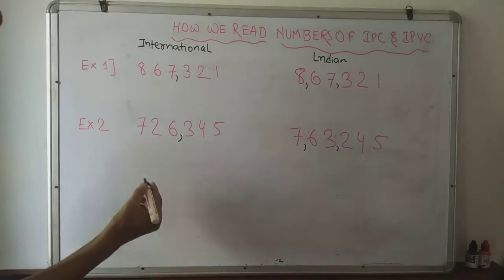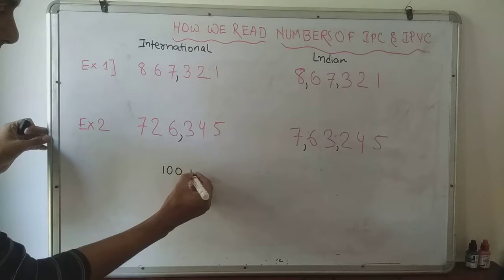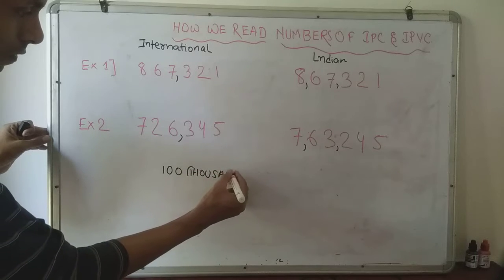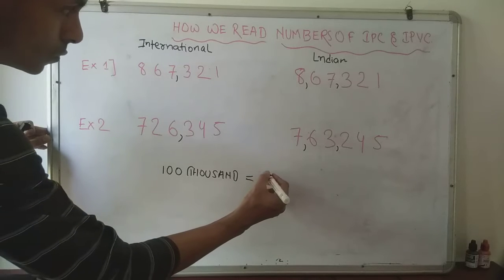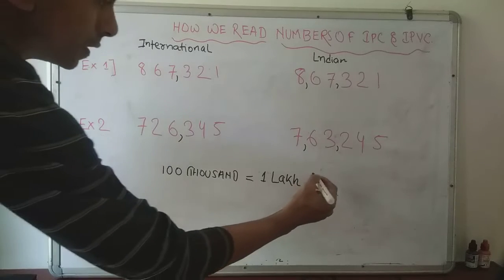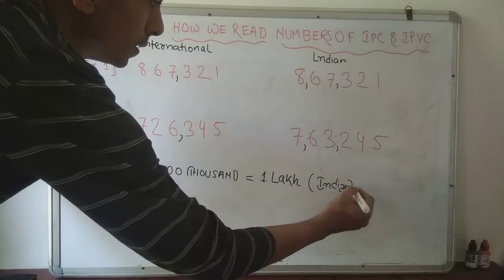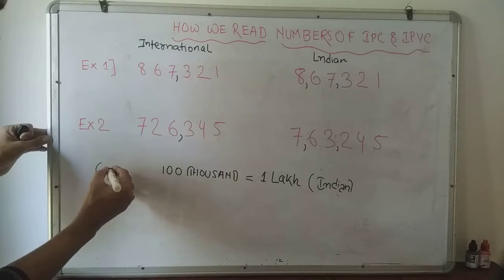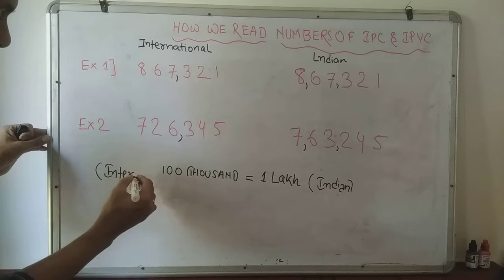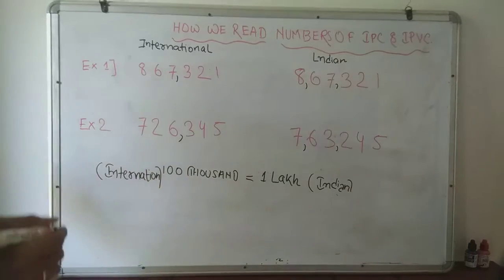As we know, in international, 100,000 is equal to 1 lakh in the Indian number system. So you have to learn very carefully the difference between the Indian and international number systems. I hope you got it.